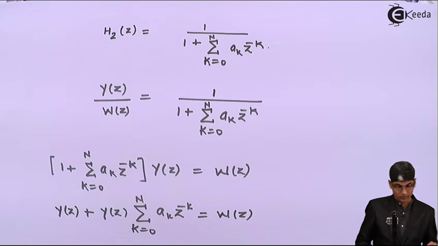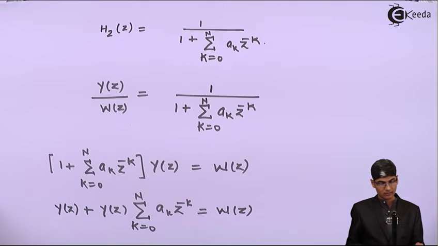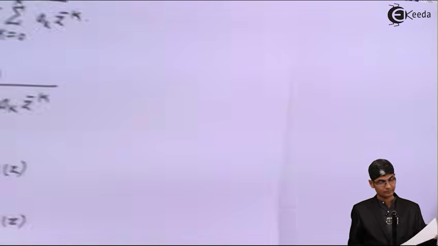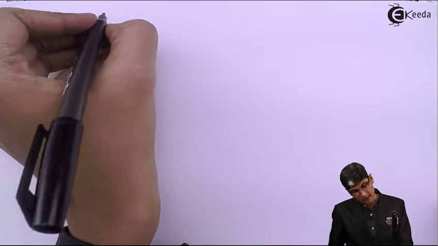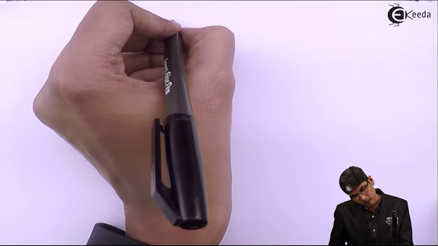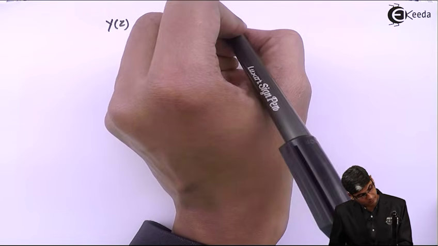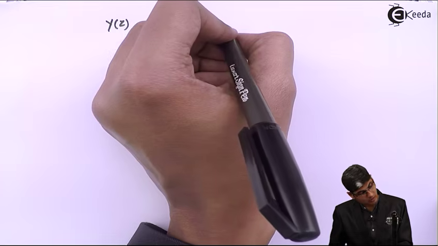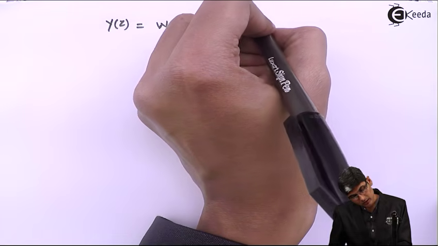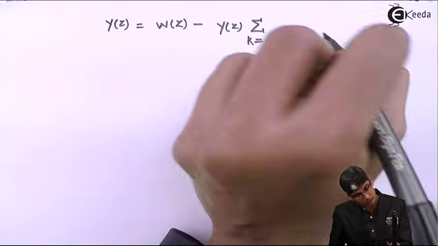So now once we have received this w of z, I can write the final y of z as y of z equals to w of z minus, let's say, y of z into summation k is equal to 0 to n.